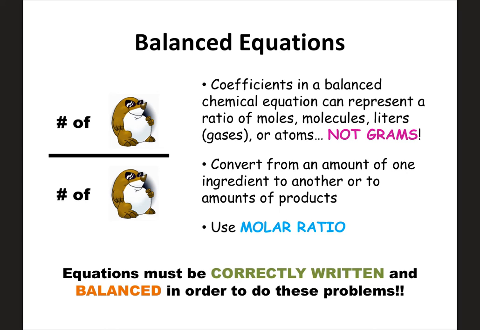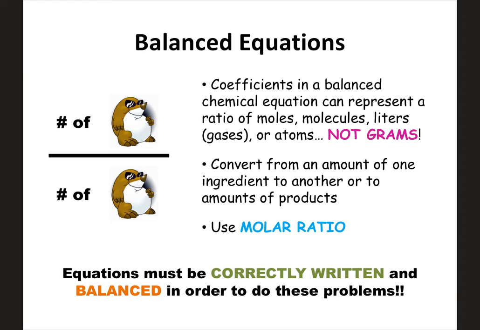As we've already seen, these coefficients in the balanced equation can represent a ratio of moles between reactants or products or between a reactant and a product, okay? They can also represent a ratio of molecules, liters if you're dealing with gases, or atoms, but not grams, okay?